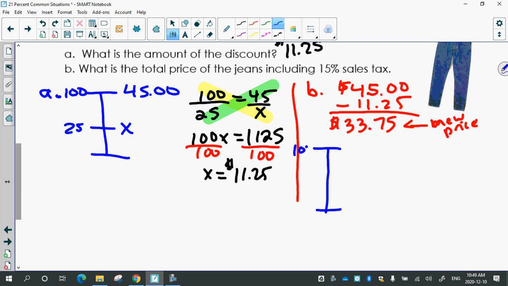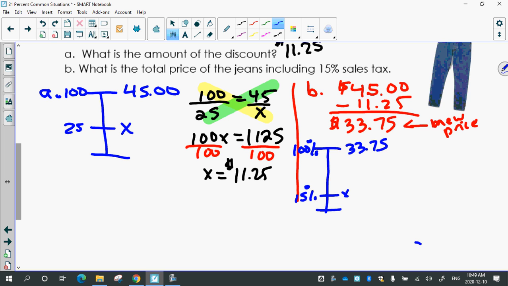So here's my 100%. 15% is near the bottom. My new price is $33.75. So that's what they calculate the sales tax off of, not the original one. They calculate the tax after they've taken off your discount. Okay?